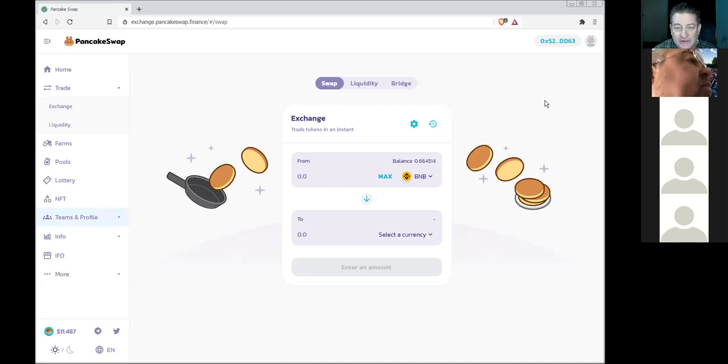And this is one where, just like on Tron and Ethereum, you always want to keep a little bit of a balance in your wallet to cover the transaction costs. So you don't ever want to trade the entire amount. I always try to keep at least 0.1, just because it's easy to remember.